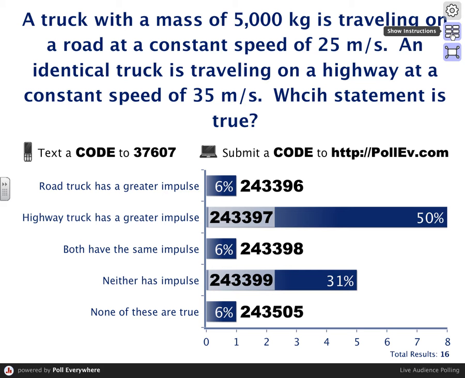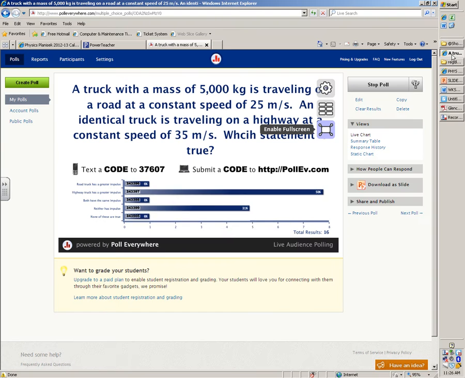No. So that means the correct answer for this question would be that neither one of them has impulse, because there is no change in momentum. Tricky, but we've got to keep our definition straight. Are we okay with that one? All right. With that being said, let's go to our last question.